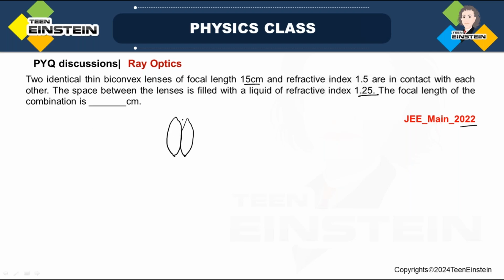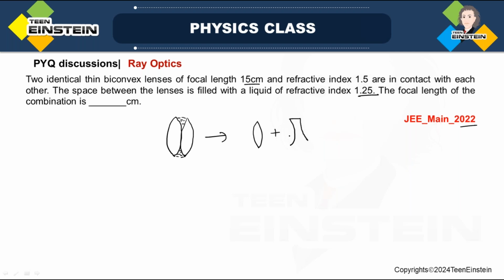Dear students, we have discussed some questions like this yesterday. Let me draw here. If the liquid is filling this space, we have this combination now with three lenses. One is this, then the middle one will be this one.